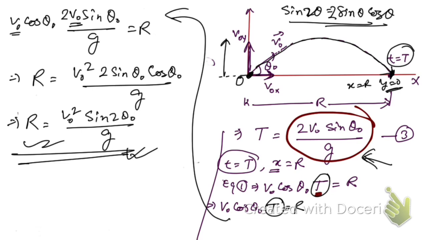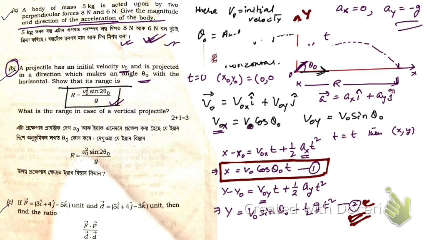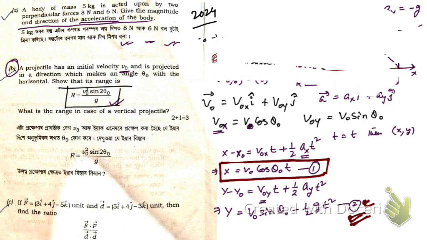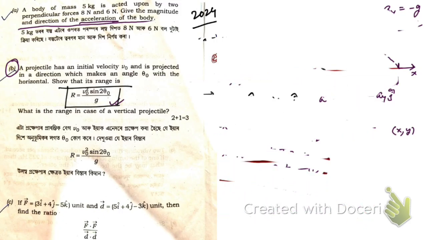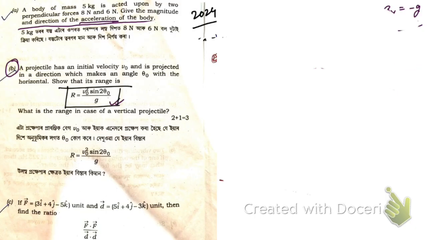Now let me take the next question. Let me clean all these things, just give me a second. Okay, so we have another problem here. Here you can see f and d, these two are given, and we need to find this ratio. So what is f here?